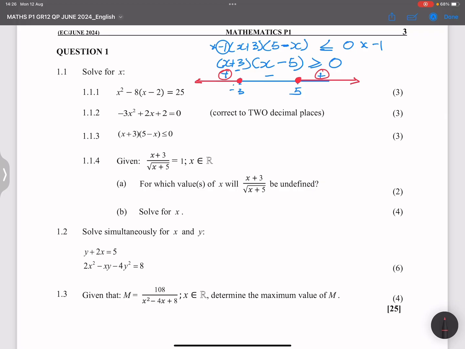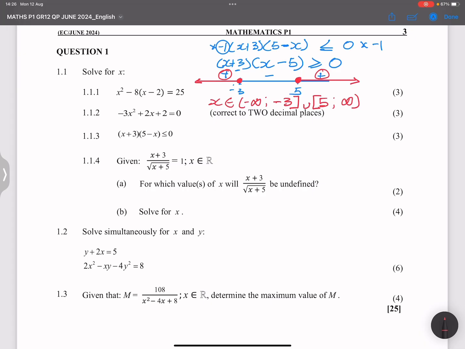So in this case, what would be our solution? That means that x would be an element of -infinity, remember, it must be in ascending order, till -3, but -3 is included, right? But also, we know that it must be from 5 all the way to infinity.